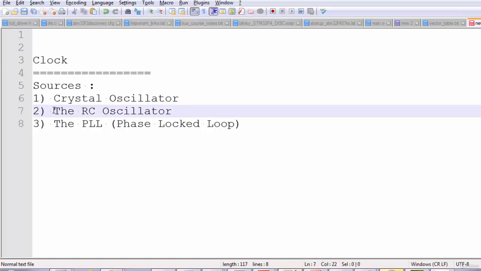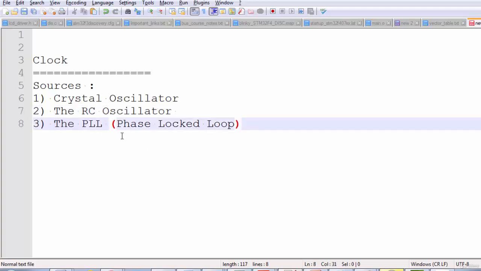Then you can think about using the RC oscillator. The RC oscillator in all modern microcontrollers comes inside the microcontroller itself. That means you need not connect any clock source externally, because this RC is already inside the microcontroller. You can just activate it and use it as the clock source.